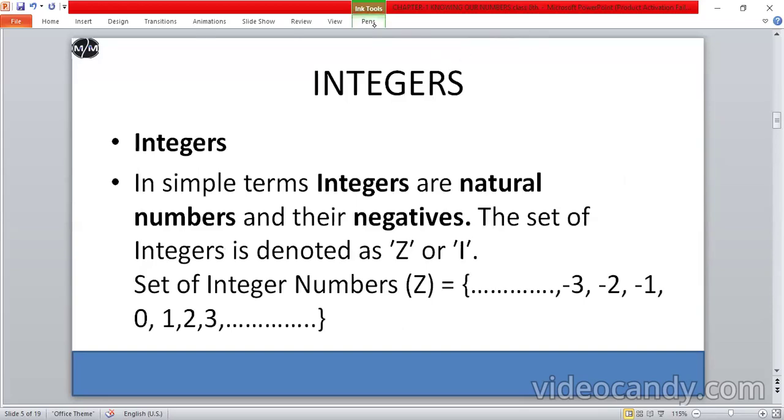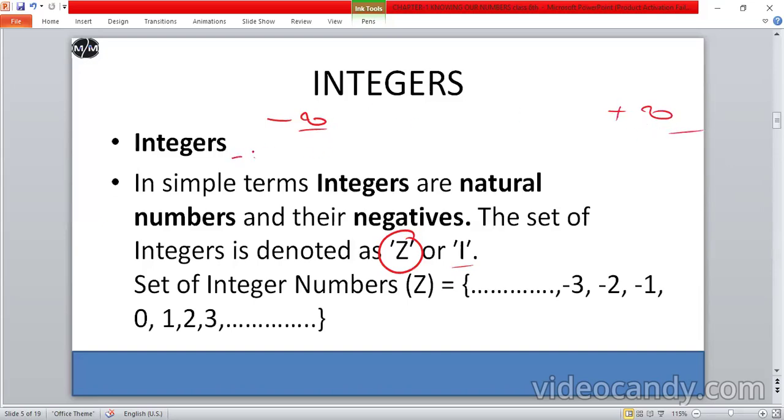Integers. What are the integers? Integers are basically natural numbers and their negatives, denoted by Z or I. We can simply say that we start from negative infinity and go up to positive infinity.